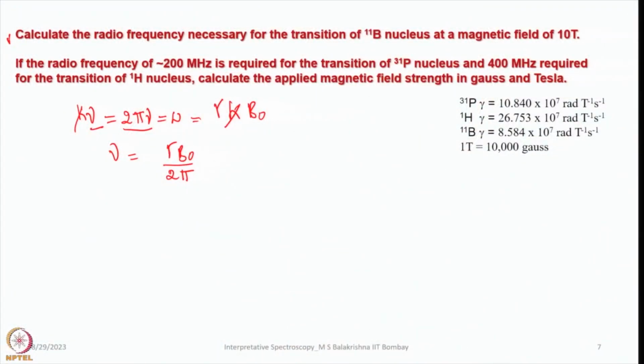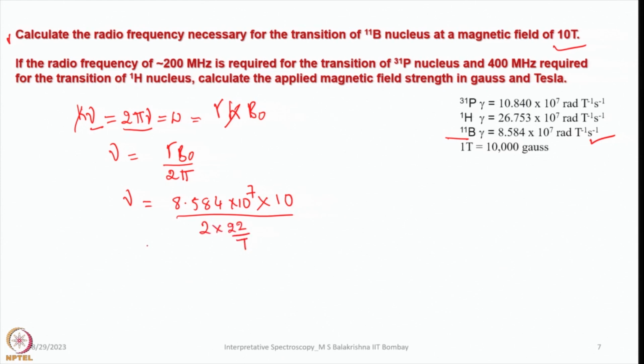Now one such problem is here. Calculate the radio frequency necessary for the transition of 11 boron nucleus at a magnetic field of 10 Tesla. You use this equation. What is required is the gyromagnetic ratio that is given here, and 10 Tesla is given. So nu equals gamma, 8.584 into 10 to the power of 7, into 10, divided by 2 into 22 by 7.